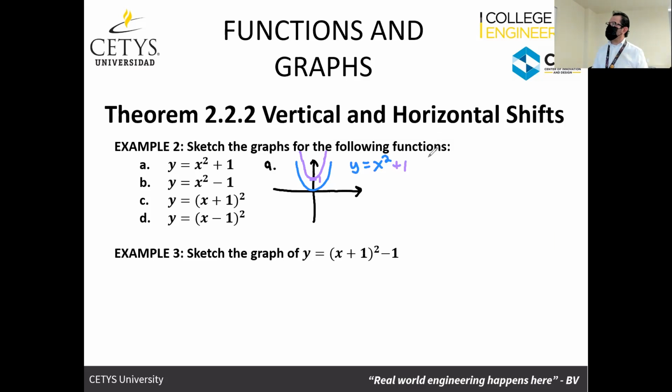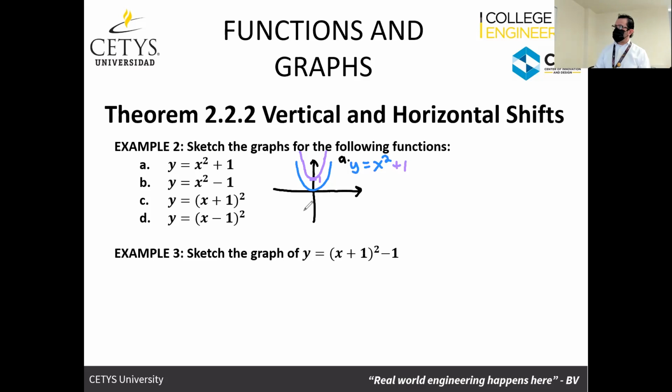Now, let's see B. Well, let's do this. This is A. Let's do a bunch of them in the same graph, so we don't have to use so many graphs. That way they should all fit.